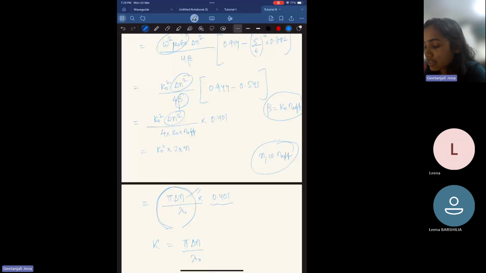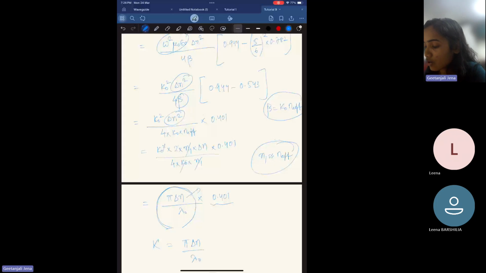So you can write this as n1 delta n over 4 k0 n1, times 0.401. So n1 is cancelled, k0 is cancelled, 2 will cancel.